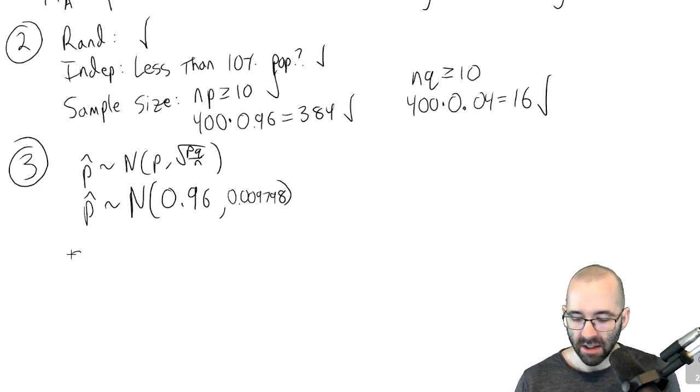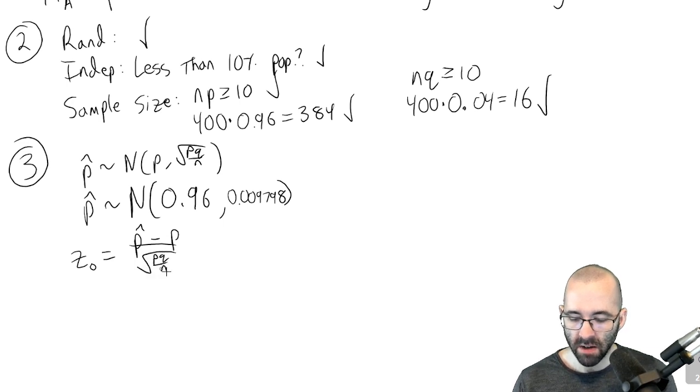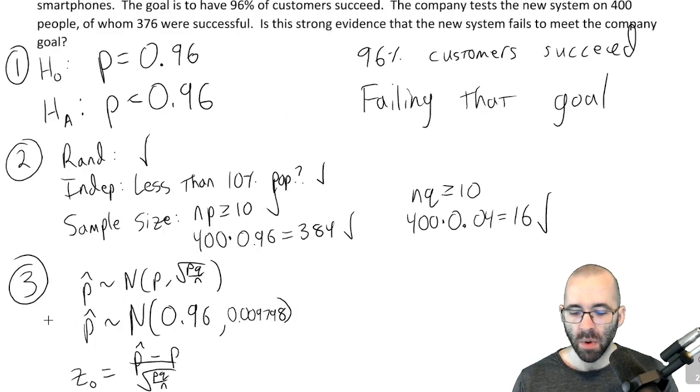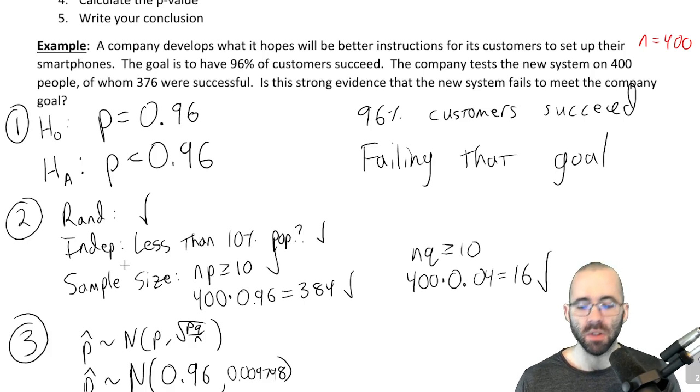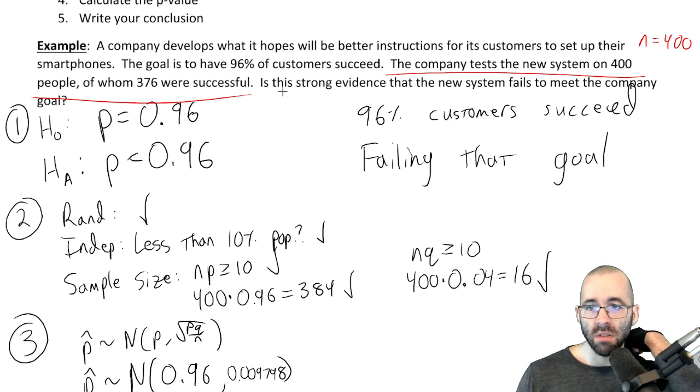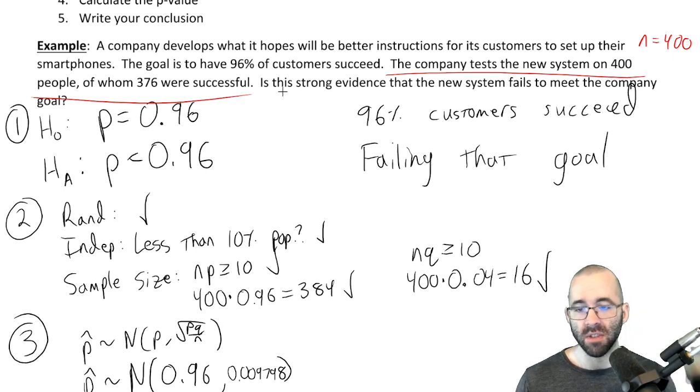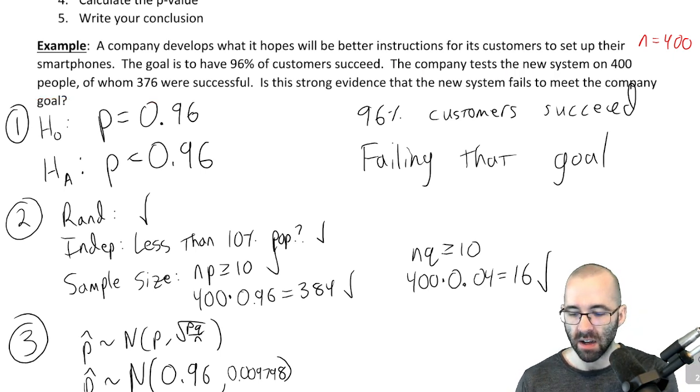Let's find our test statistic. It'll be P hat minus P all over the square root of PQ over N. What was our sample here? Our sample proportion. Well, we tested it on 400. It was successful on 376. What proportion is that?